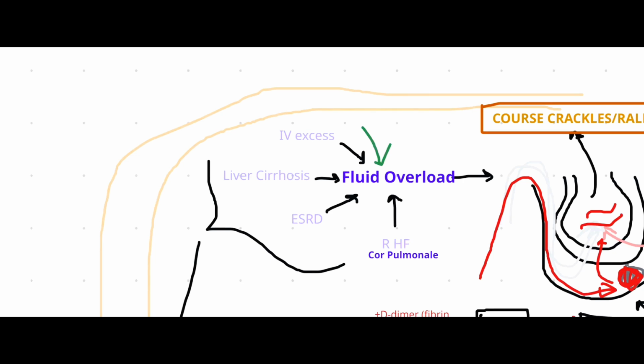Okay, specifically loop diuretic, right? Not hydrochlorothiazide, but you can give spironolactone, by the way. But the main option is a loop diuretic, which is, what is the generic name? Furosemide.